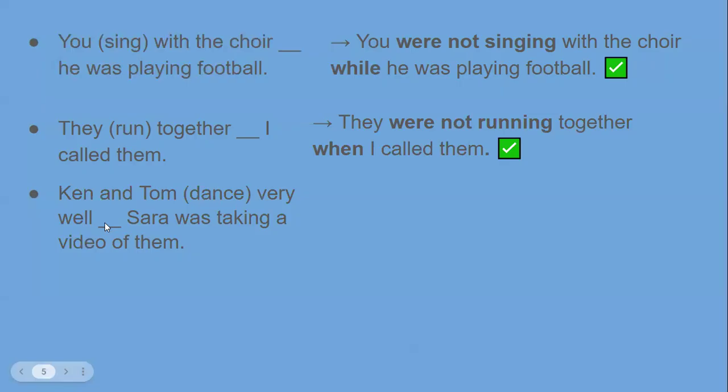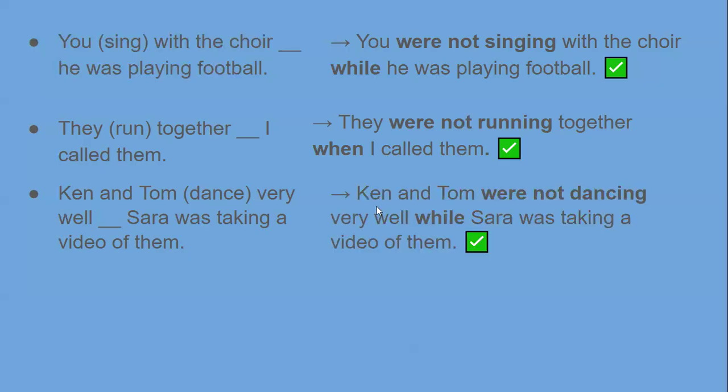So it means the two actions were happening at the same time. And therefore I have to use while. So Ken and Tom, collective subject, same as they. And therefore we have to use the verb to be were, make it negative by putting not, and put an ing at the end of the verb. The correct sentence becomes, Ken and Tom were not dancing very well while Sarah was taking a video of them.